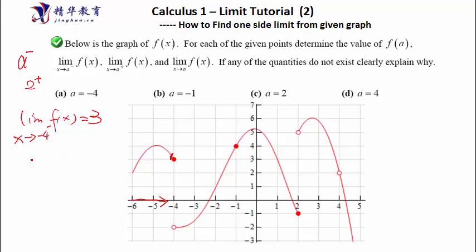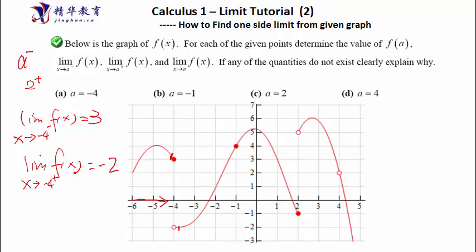Okay, good. So what about the limit as x approaches -4 positive of f(x)? That means I'm approaching -4 from the right hand side. The right hand side equals something here. This part is almost close to -4, just a little bit bigger than -4. The y value is -2, so that is -2.